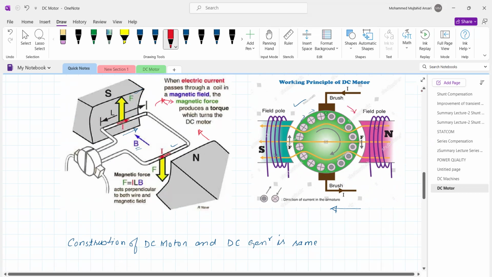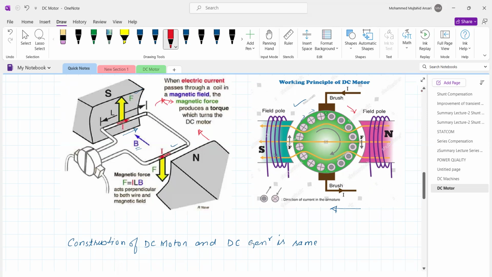Stretch your right hand such that the first finger shows the direction of current, the thumb shows the direction of motion, then the second finger shows the direction of EMF induced.